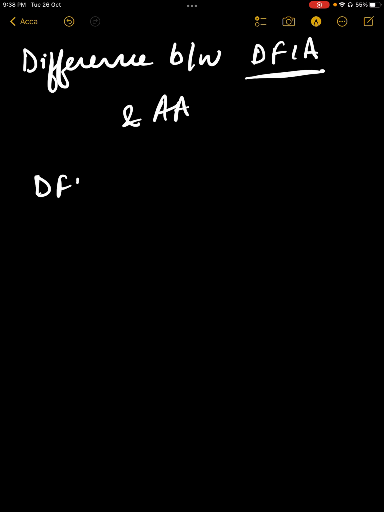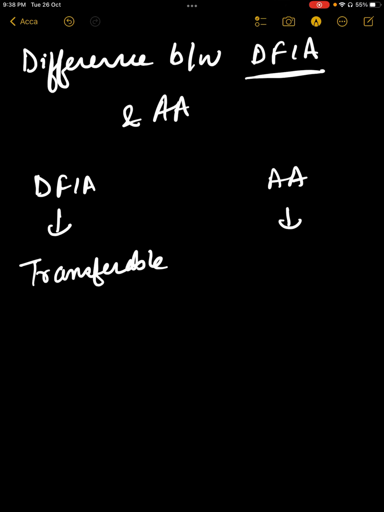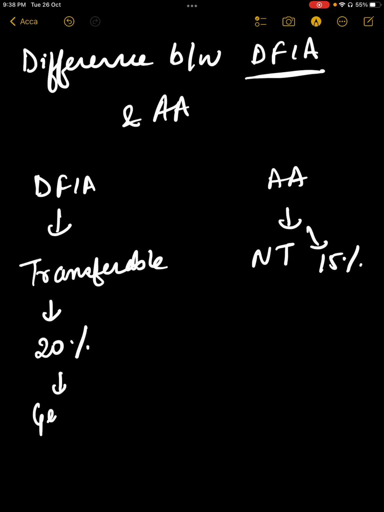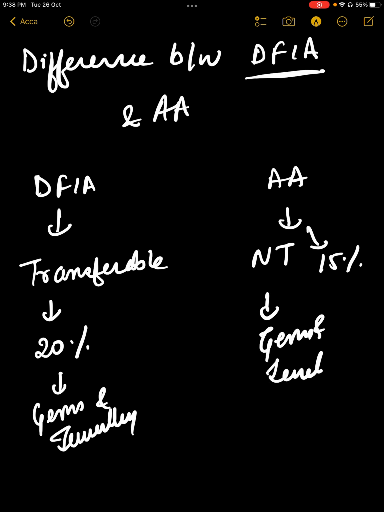DFIA is transferable. Advance authorization is not transferable. Advance authorization requires 15% value addition in exports. DFIA requires 20% value addition. Advance authorization is not applicable for gems and jewelry. DFIA is applicable for gems and jewelry.